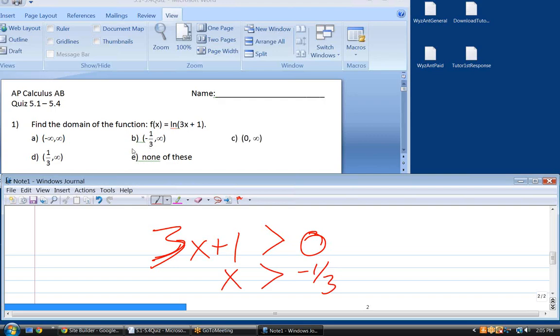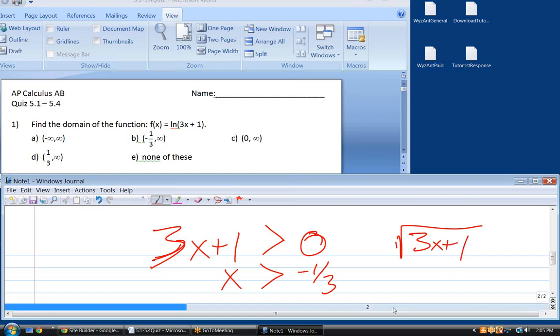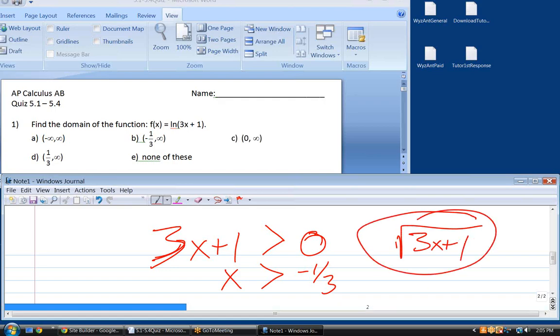And notice the difference between parentheses and brackets. In other words, if the problem was this, what is the domain of that? It would be y has to be greater than or equal to negative 1/3, which would give an answer that looked like that instead of the one we're looking at.